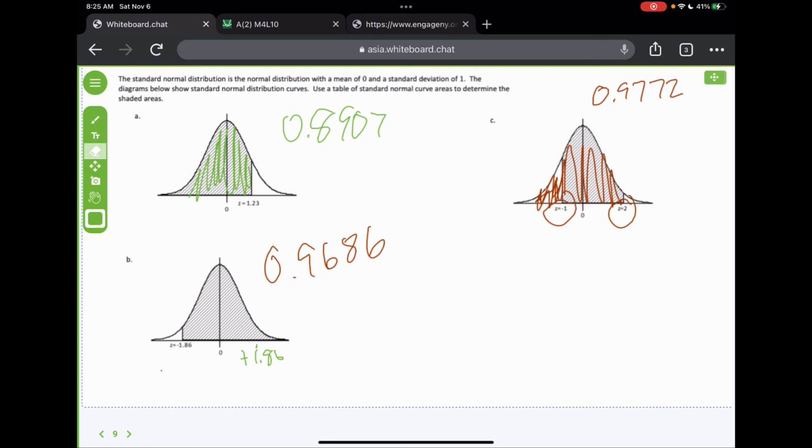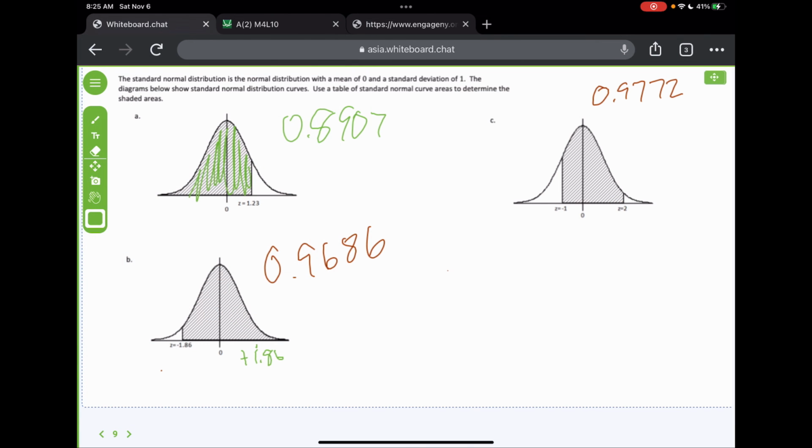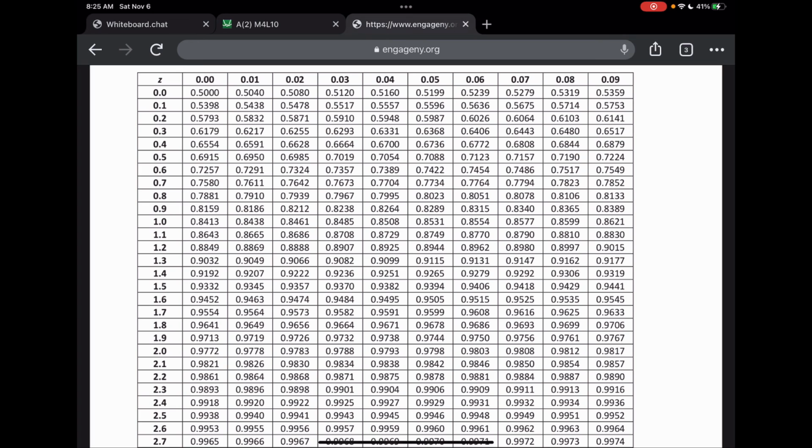We're going to have to stop at -1. So how are we going to figure that out, especially when our Z chart is telling us all the values to the left? How am I going to figure out the values to the left when there's not any there? Well, what I'm going to do is look at my chart for 1. Right here it is for 1.0.